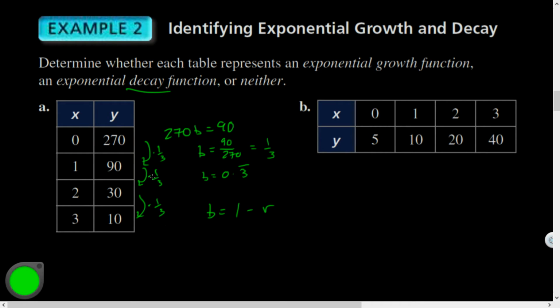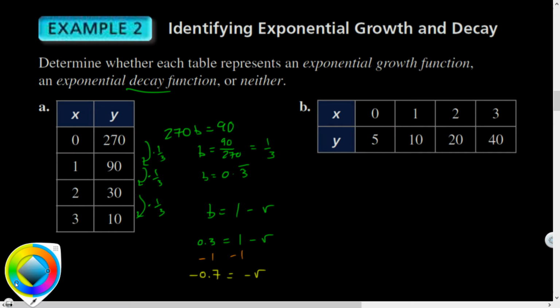For an exponential decay. If 0.3 equals 1 minus r, how could I solve for r? I would have subtracted the 1. This is weird. I guess I'll still work in this color. So I'd have negative 0.7 equals negative r, and therefore positive r would have equaled 0.7.